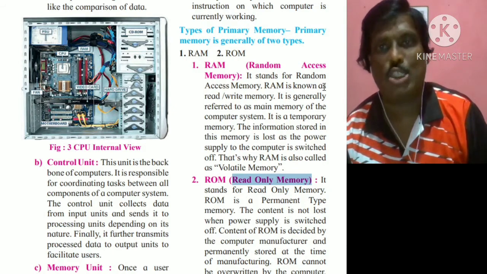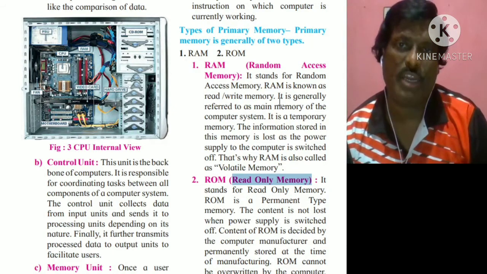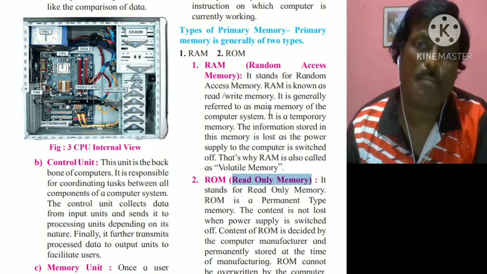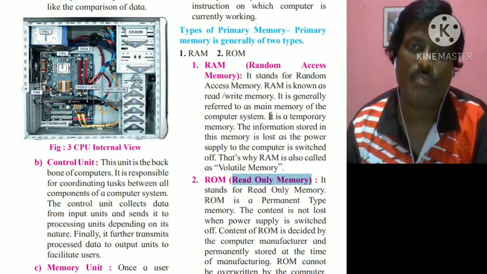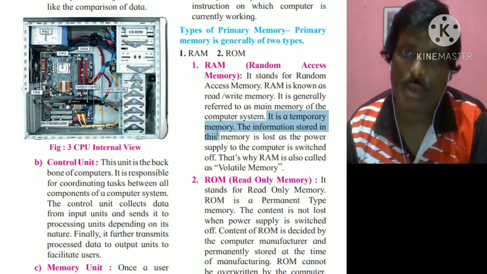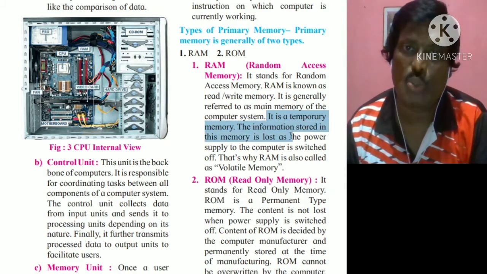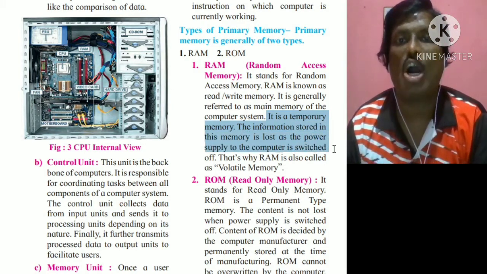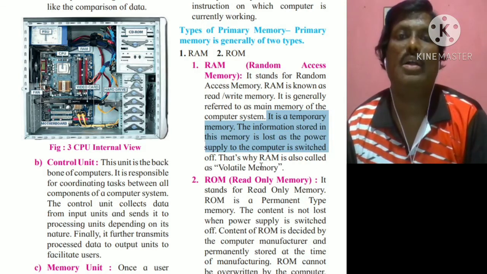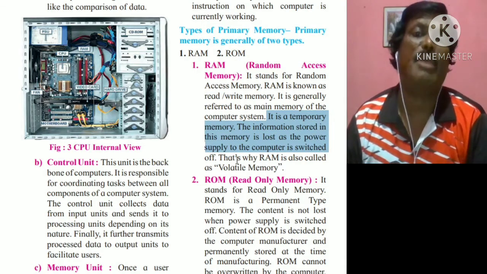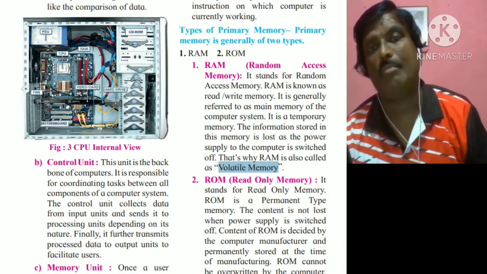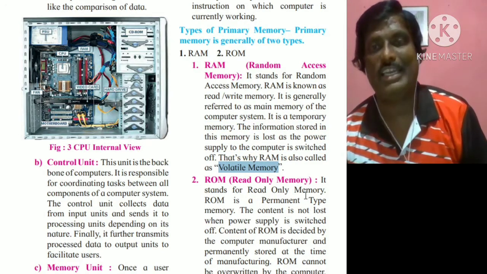RAM is also known as read or write memory. It generally refers to the main memory of the computer system. It is temporary memory. The information stored in the memory is lost as the power supply of the computer is switched off. So the nature of this memory is called volatile memory. RAM is volatile in nature.